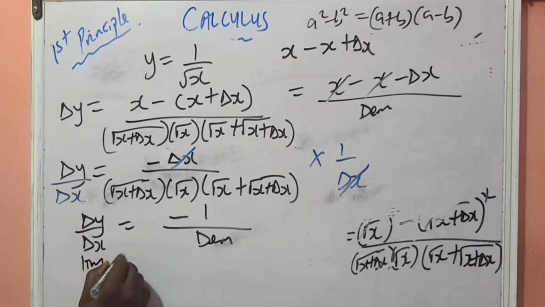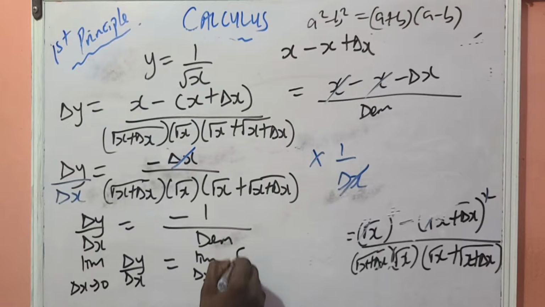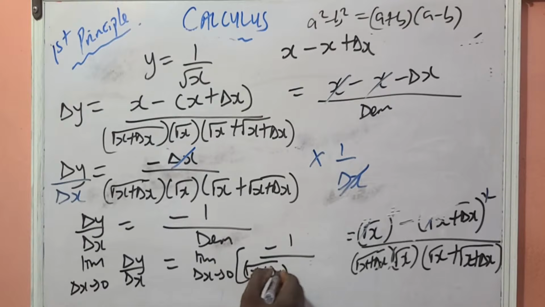So we want to take the limit of both sides of change in y over change in x, with our change in x tending to 0. Then I have to do it on both sides. That's the limit as change in x tends to 0. Then we have minus 1 over all what we have here, x plus change in x, then root of x.